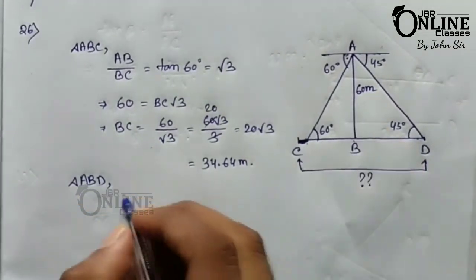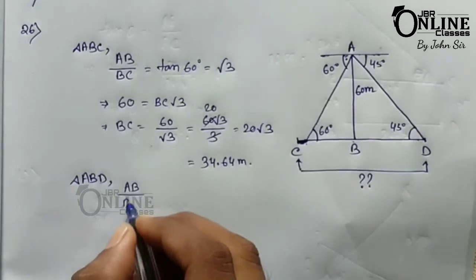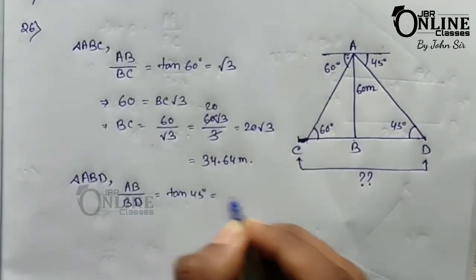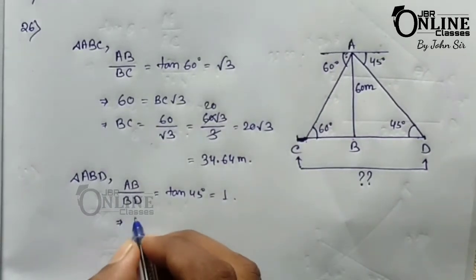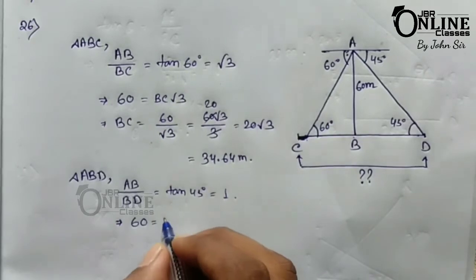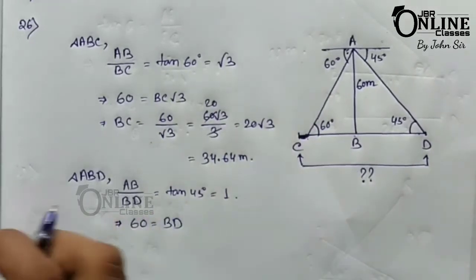Now next, from triangle ABD, AB by the base BD equals tan 45, that means 1. As AB equals 60, AB equals BD into 1, so BD equals also 60.